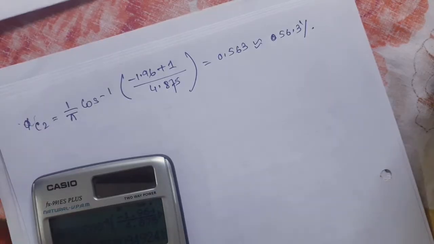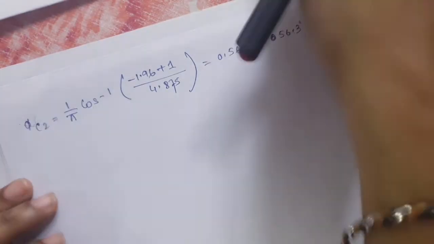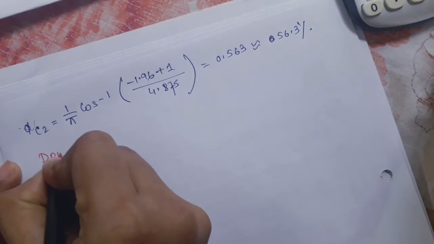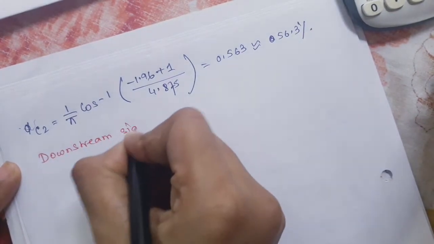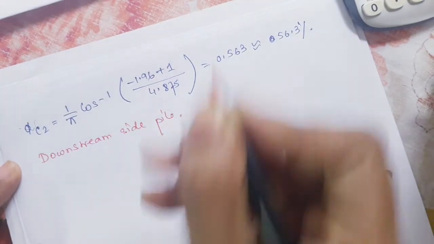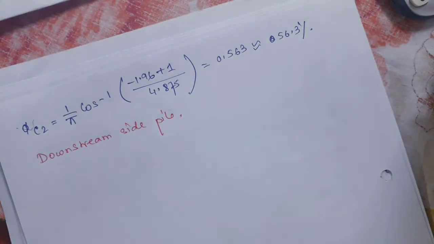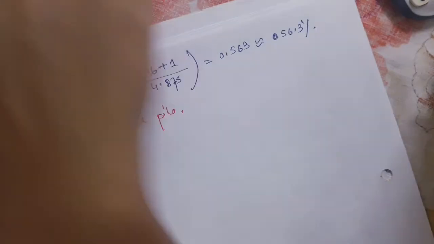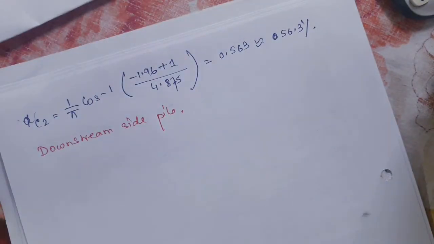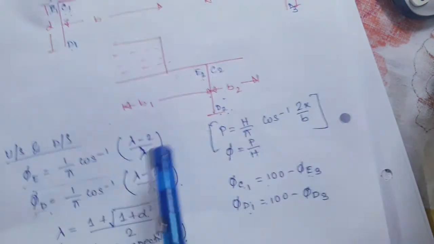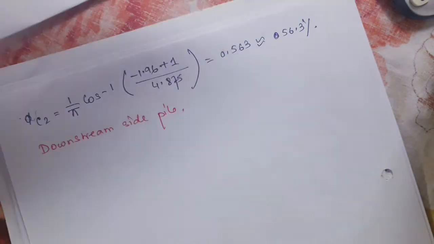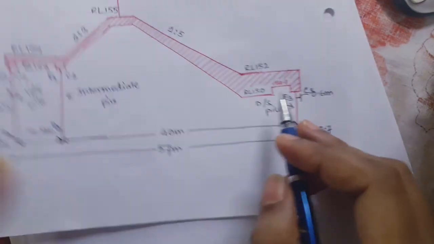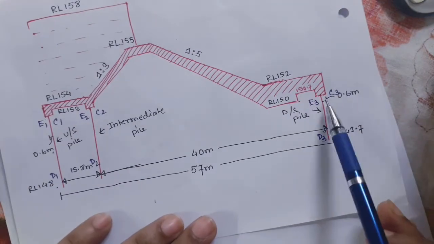So now we will calculate the downstream side pile pressure percentage. So we will again go back to this equation and evaluate the downstream side pile as well. But in this case, just look at this picture, the D is different.